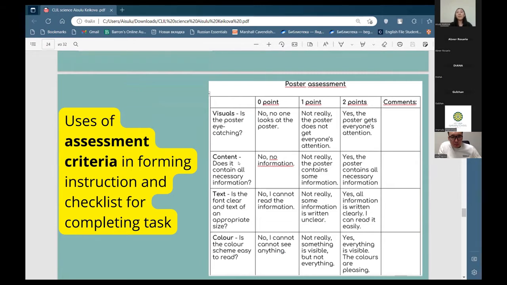I have already started teaching them how to create posters, and in order to do so, I think it's very useful to add criteria. This criteria will help them understand not only what their grade is going to be, but also replaces the instructions and checklists.